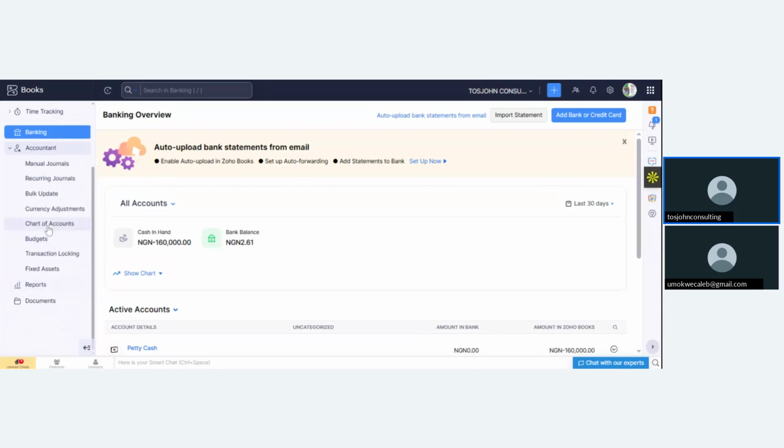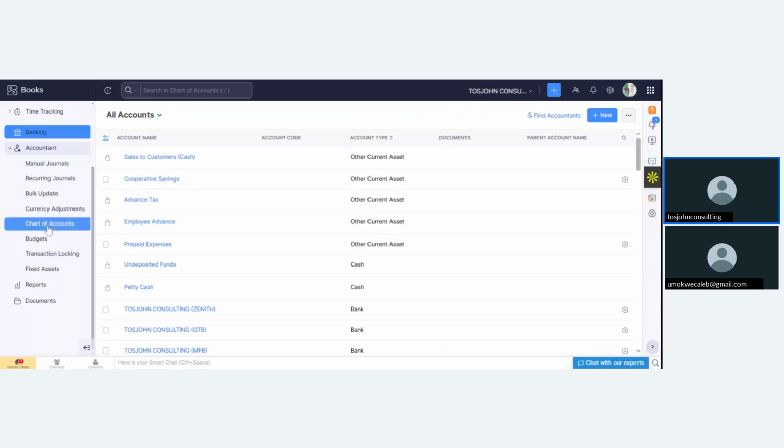Then you have your chart of accounts, which we talked about last week, and we've uploaded the video on the YouTube channel, so you can go there and watch again and again. So you have your chart of accounts where you set up all your ledger accounts. Set it up here to make sure that it is suitable for your business.